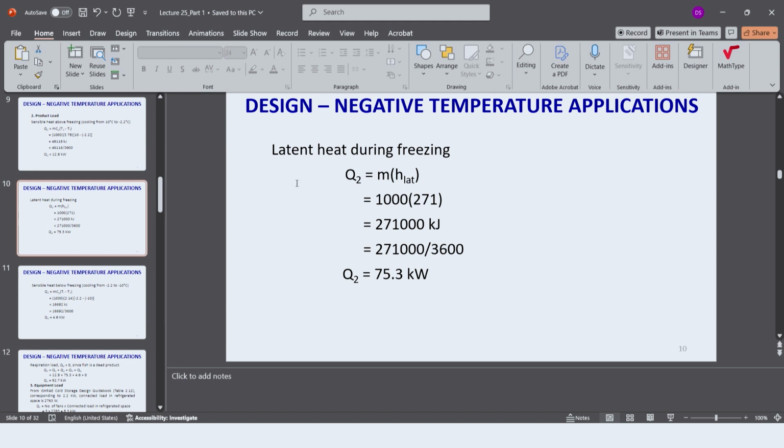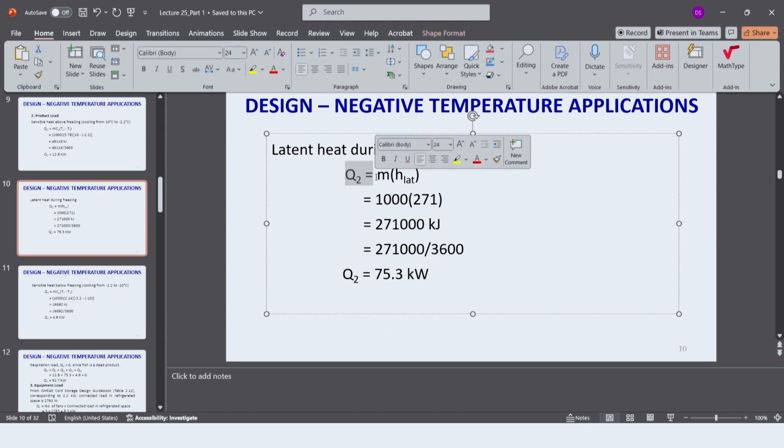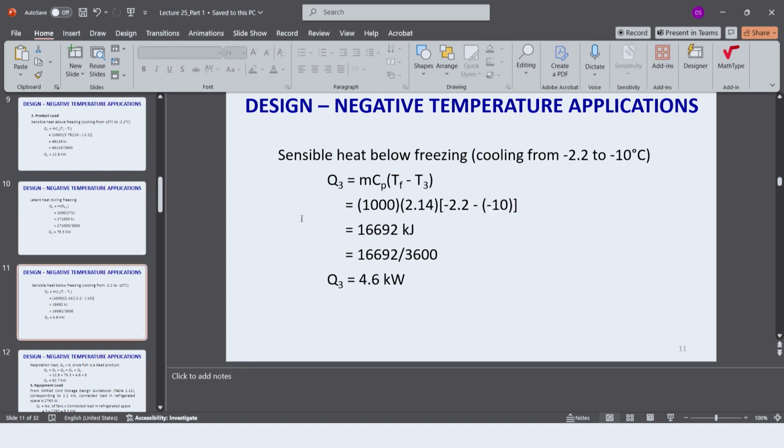Then latent heat will be taken as Q3, and the sensible heat below freezing is taken as Q4.